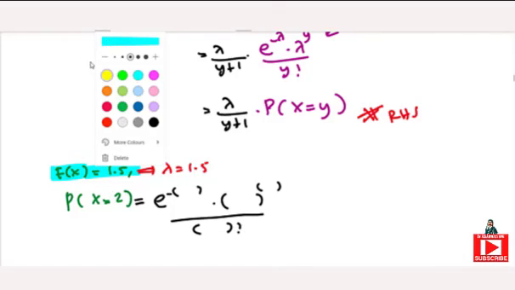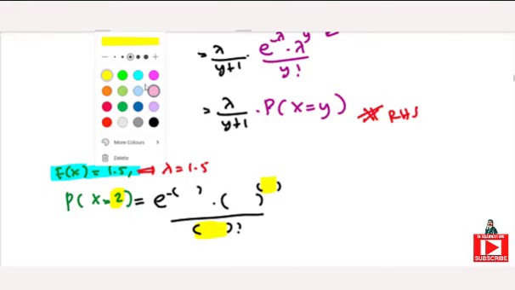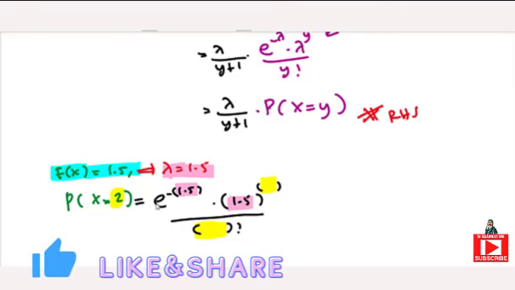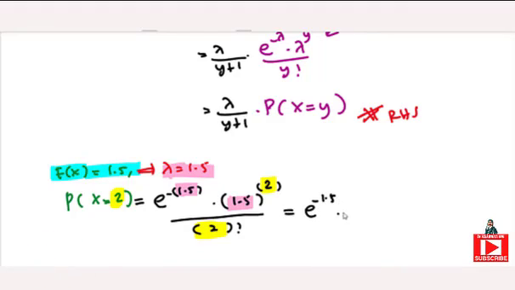Substitute lambda is 1.5 and x is equal to 2, then substitute, and then e power negative 1.5 times 1.5 squared over 2 factorial.